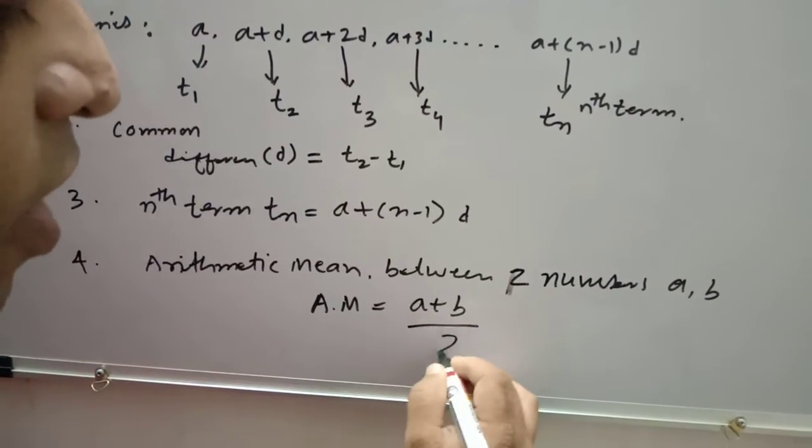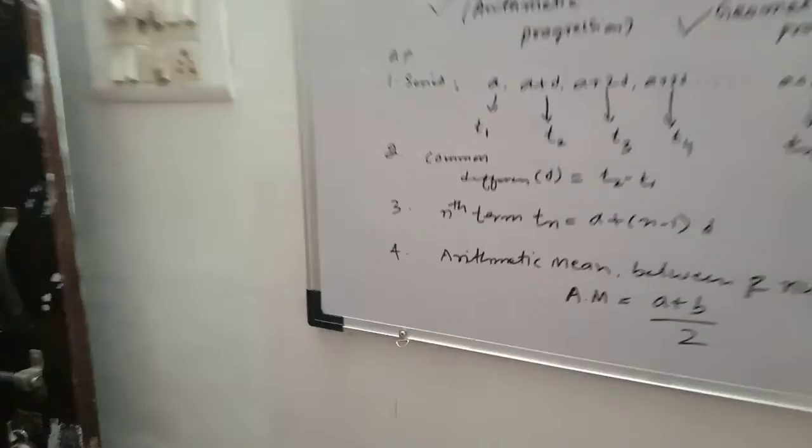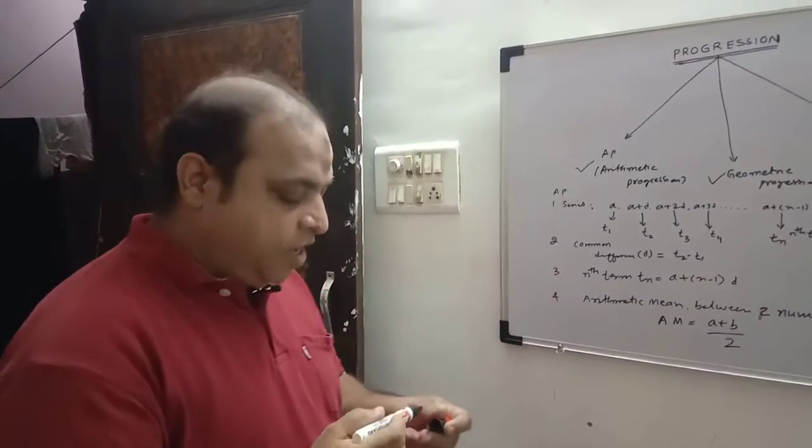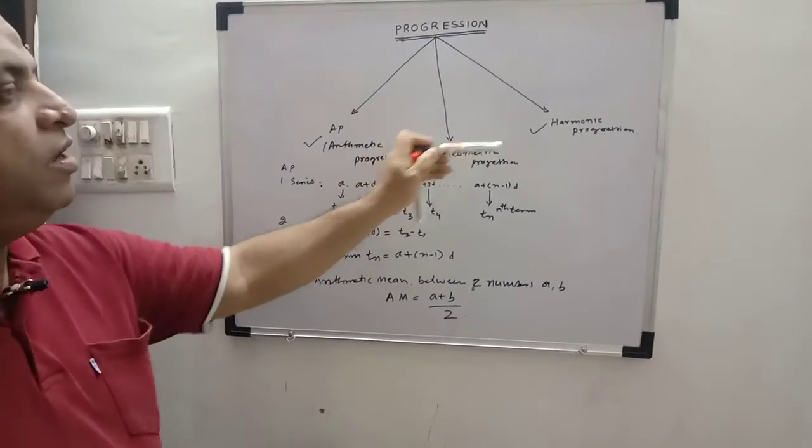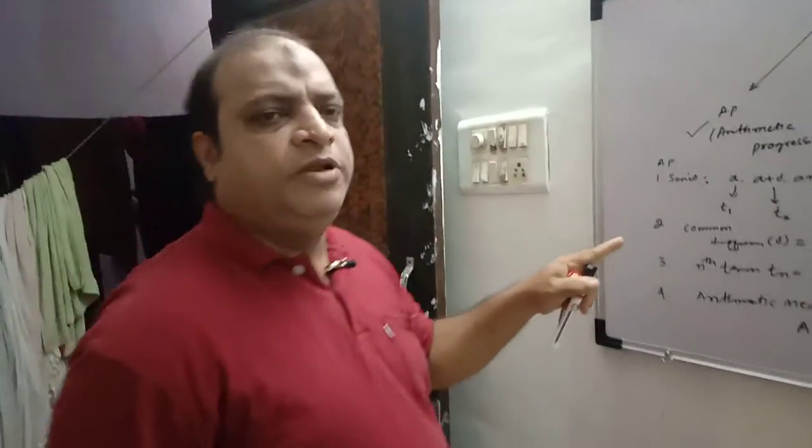This is called the arithmetic mean. In similar fashion, we can make the series for geometric progression and harmonic progression. I will show you right now. With these formulas, you can solve each and every problem on arithmetic progression.